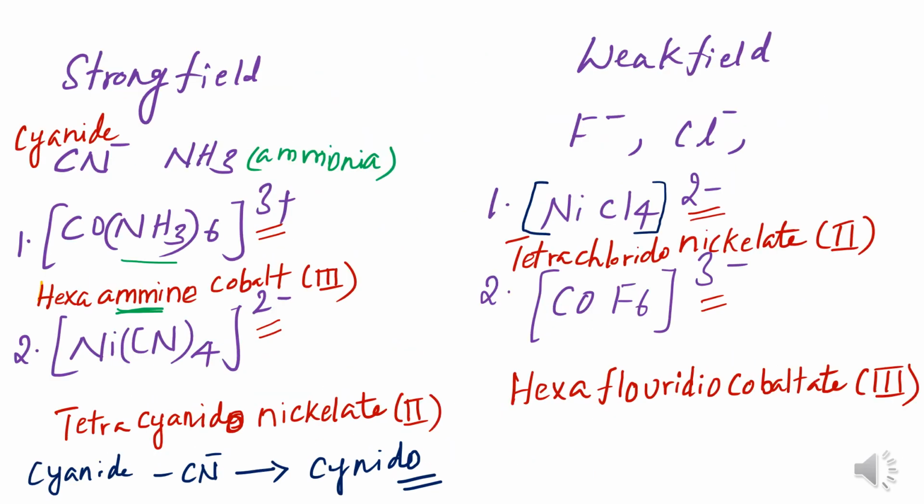So here we will take a couple of examples of coordination compounds with strong field ligands and weak field ligands. Under strong field ligands, I have taken cyanide ion and the neutral molecule ammonia.